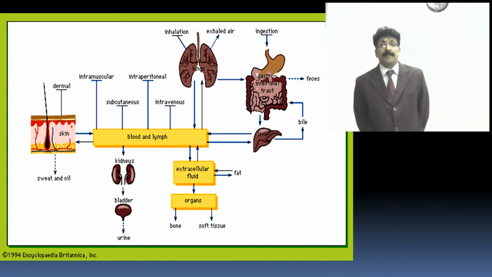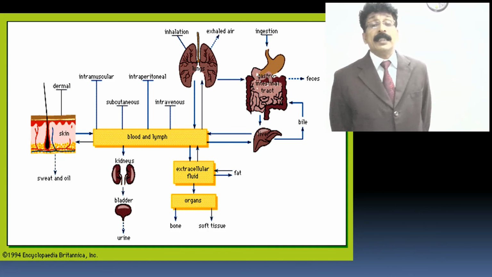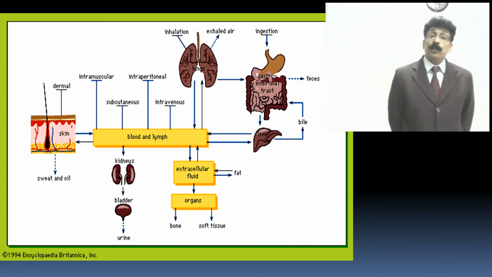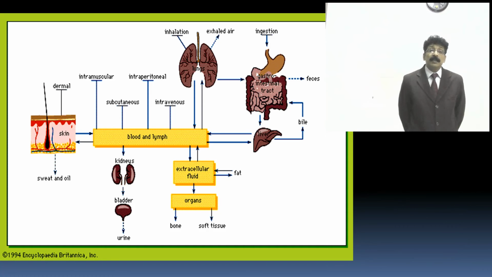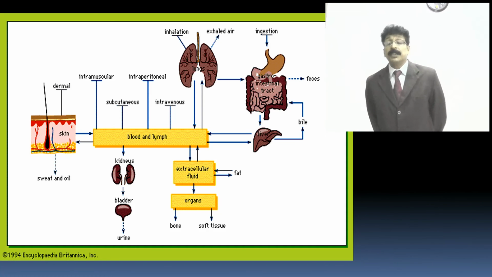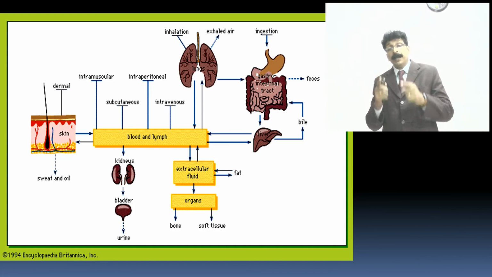So the route of administration can be intravenous, intraperitoneal, subcutaneous, intramuscular, and even in the skin, intradermal is also possible, by inserting or making a way for a drug to enter our body.